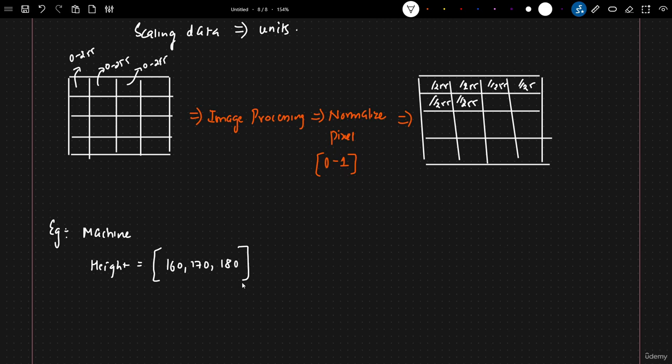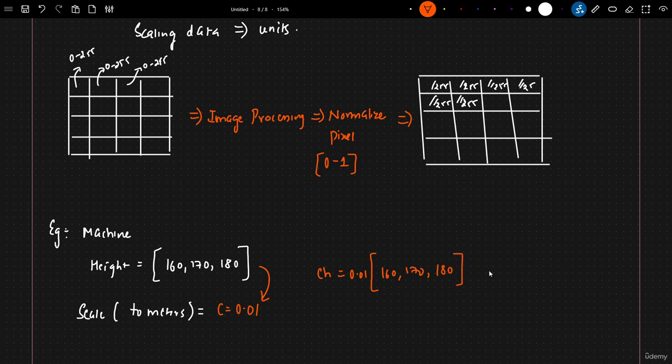Now let's say I want to scale this height to meters. If I want to scale this, I will take a scaling factor 0.01, and multiply it with this height. So I'll write C H, which is 0.01 multiplied with 160, 170, 180.